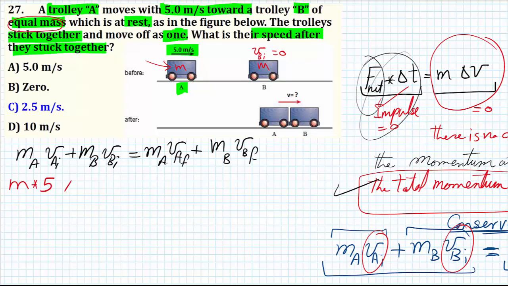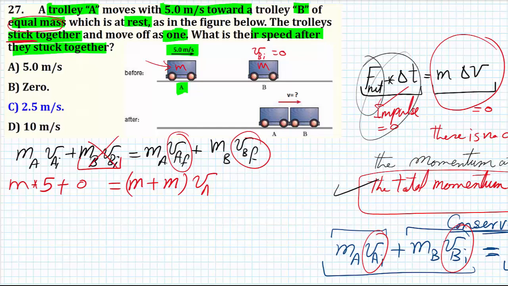So M times 5, plus the second momentum, he said it was at rest, so this is 0, equals, after collision they got stuck together. That means they have the same final velocity, so I will take it as a common factor. So the rest is MA, which is M, plus MB, which is the same M, times V final. I would call it V final, not VA or VB. It's only V final. They have the same velocity. That means it's 2 times M times V final.